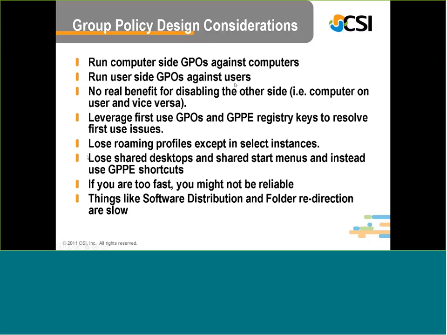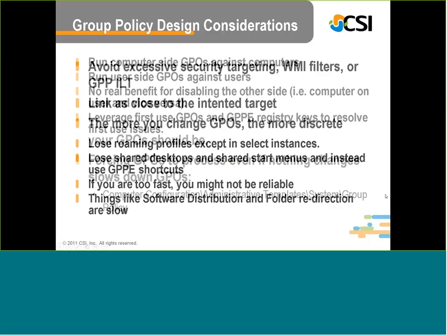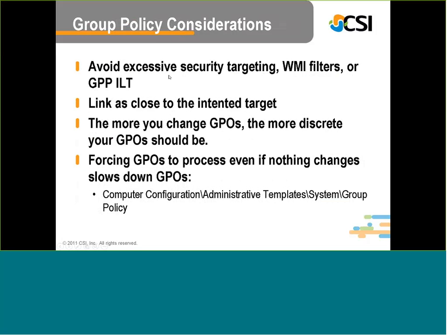Things like software distribution, pushing out the Lightspeed client or the new version of Office, make things really slow. So try, if you can, not to use folder redirection, but use SCCM or Kace or Altiris or something to do your actual deploys of apps. Other things here to consider.